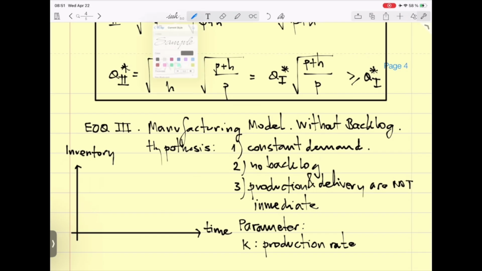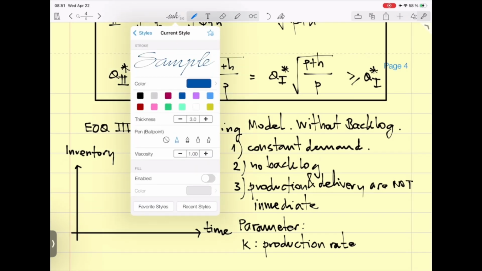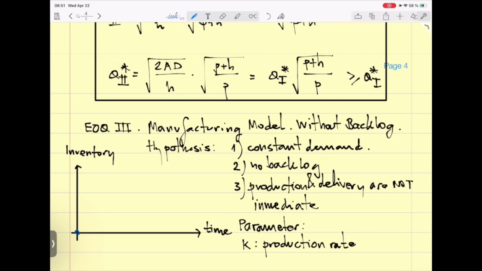We start again with 0. We get an order, but because now we cannot produce and deliver immediately, it takes some time to deliver the quantity, okay?